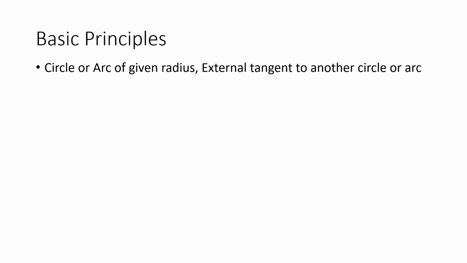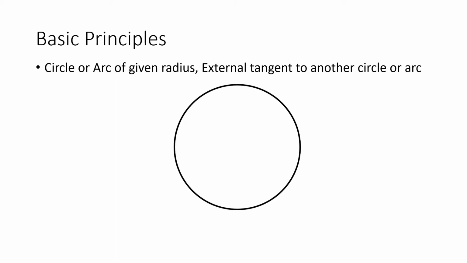So now our next principle, circle or arc of a given radius, external tangent to another circle or arc. So when we say external tangent, if we have one circle, and this is of radius big R, and we have a small circle of radius small r, those circles are on the outside of each other.